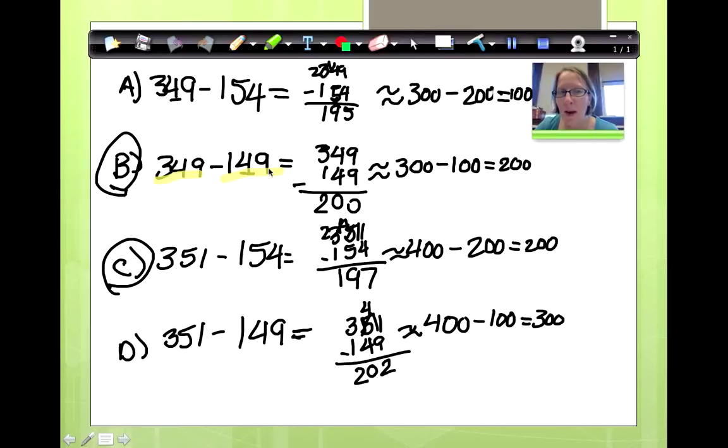This one right here and this one right here, they both round up. They're very close. This one rounds down and this one rounded up. They didn't have the same. This one rounded up and this one rounded down. And when you have that separation, then that's where you get the big differences in your estimates.